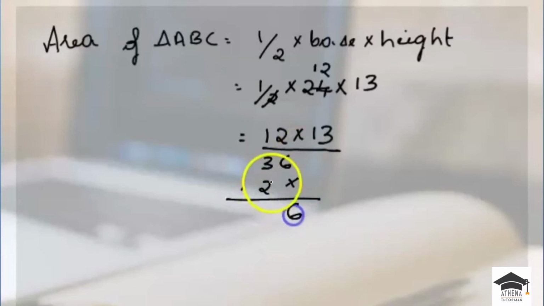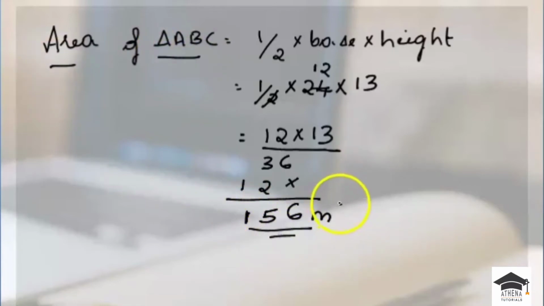So 6, 3 plus 2 is 5, and 1. So the area of triangle ABC is 156 meter square.